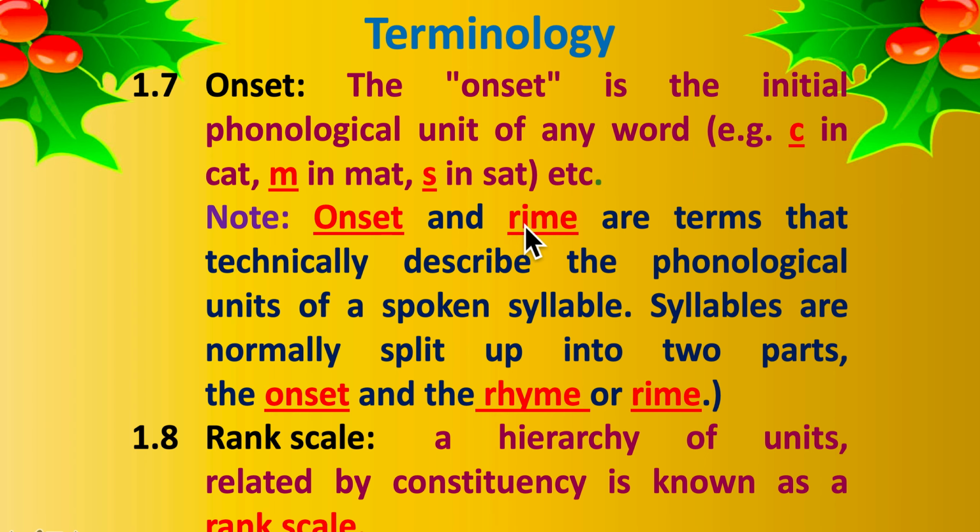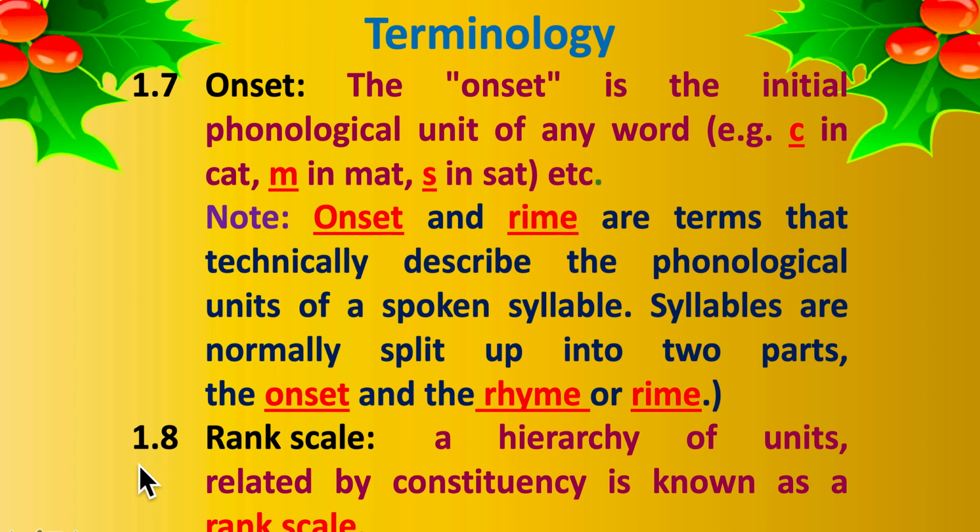Onset and rhyme are terms that technically describe the phonological units of a spoken syllable. Syllables are normally split up into two parts. Remember, syllables are normally divided into two parts. One part is called the onset and the other part is called rhyme.